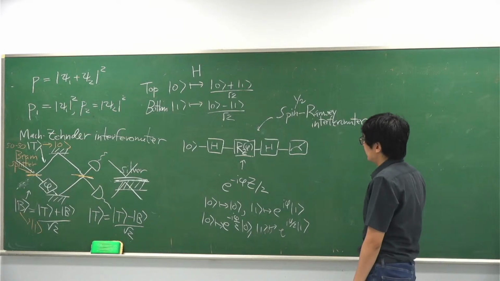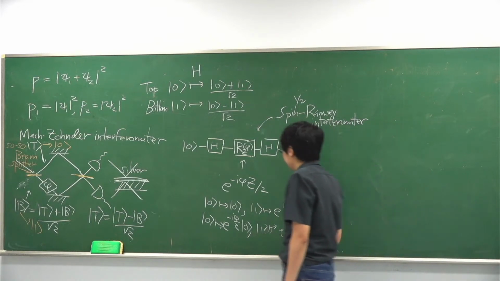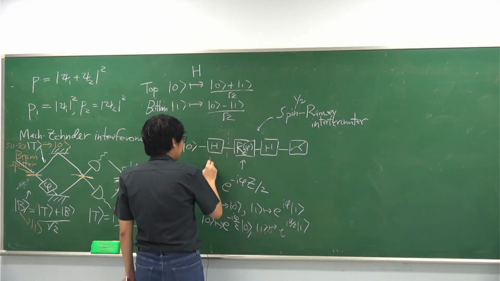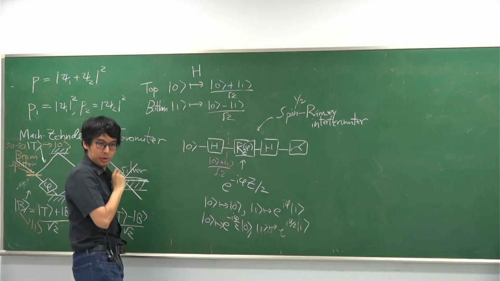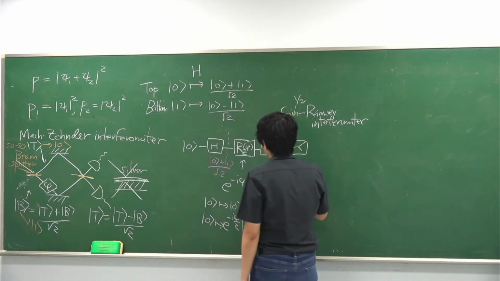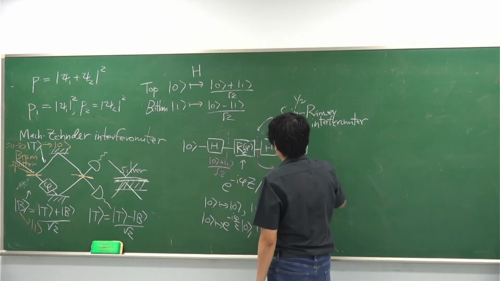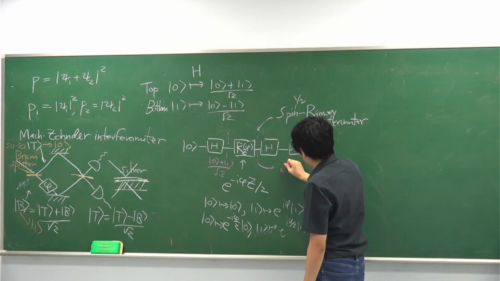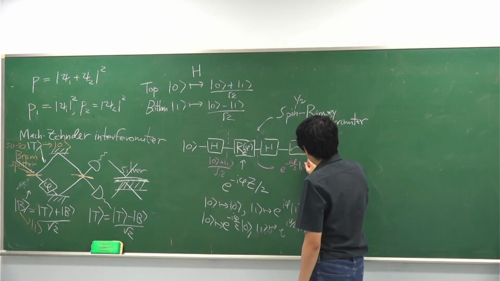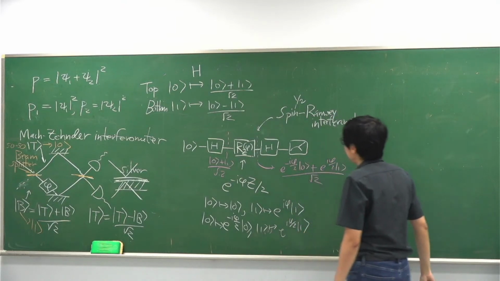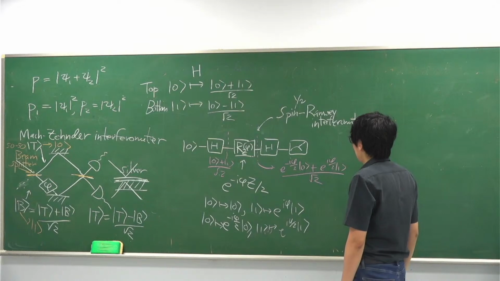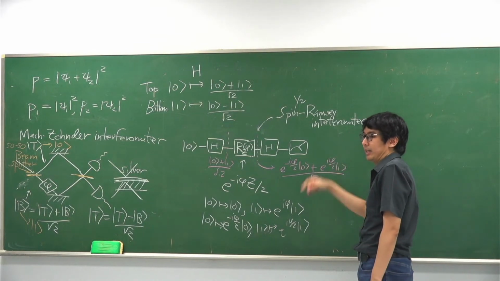Okay, so at this stage the state is just this superposition, and here at this point I have this state. And now I do the Hadamard again.